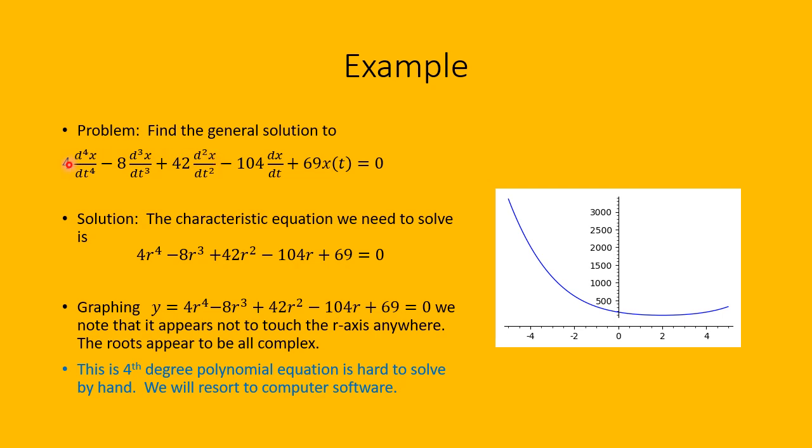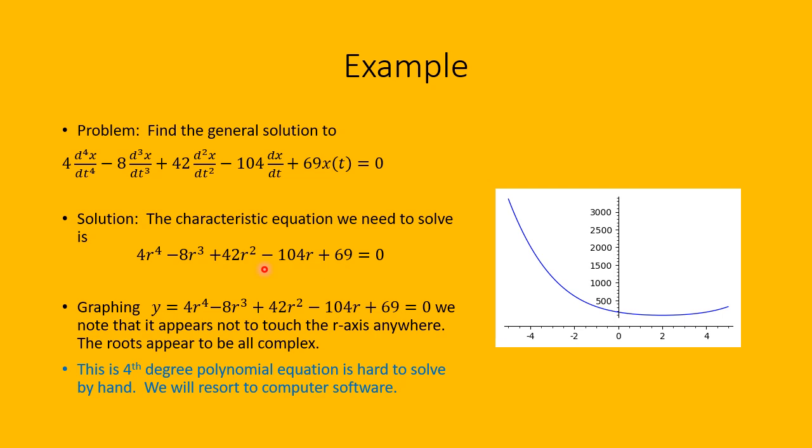Now, once again, from this differential equation, we can immediately read off what the characteristic equation is. 4r to the 4th minus 8r cubed plus 42r squared minus 104r plus 69 equals 0. Now, this is a 4th degree polynomial equation.